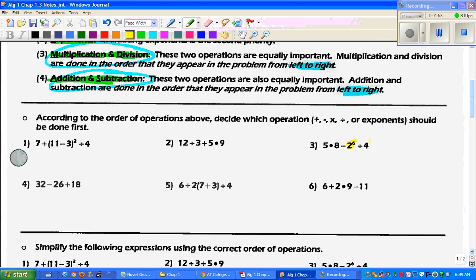Hopefully you're saying, I know, it should be the exponents. What about 4? 32 minus 26 plus 18. Remember, we need to check in order from left to right what comes first, and that is subtraction.